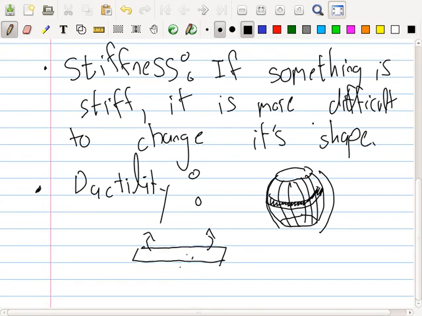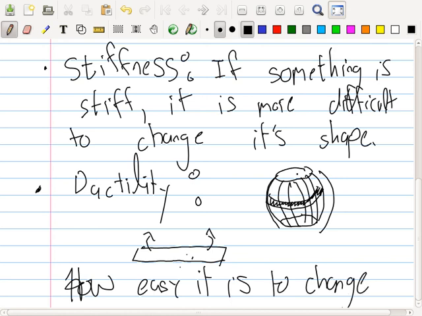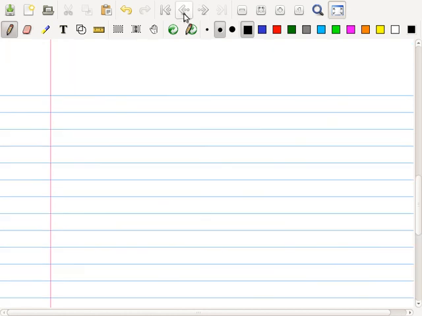So, how easy it is to change. Well, I'm kind of giving you informal definitions for now because I just want you to get used to the words.